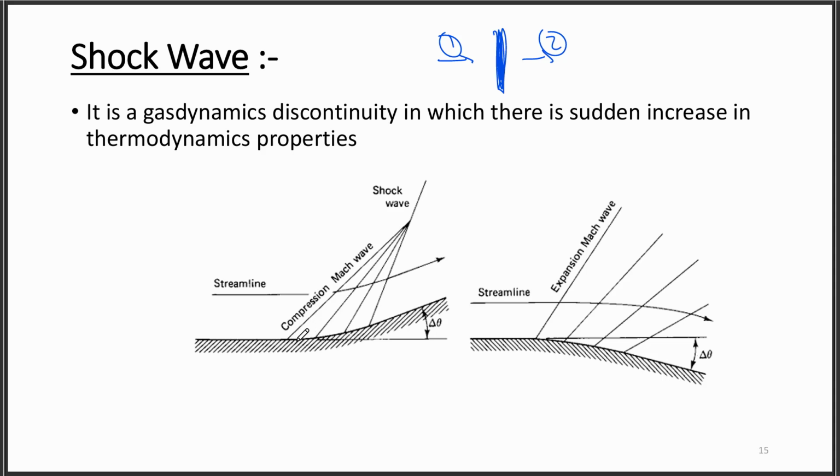Due to this change in direction, these compression Mach waves will form, and they will coalesce and form a strong shock wave. If the flow is moving away from itself, then these Mach waves will not coalesce and there will not be shock wave formation.